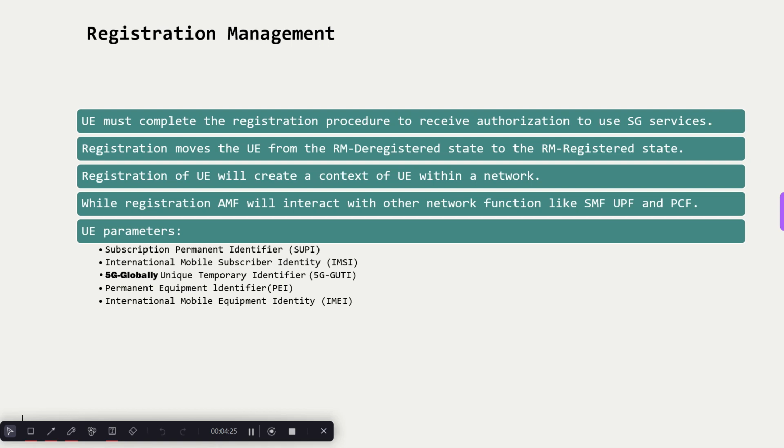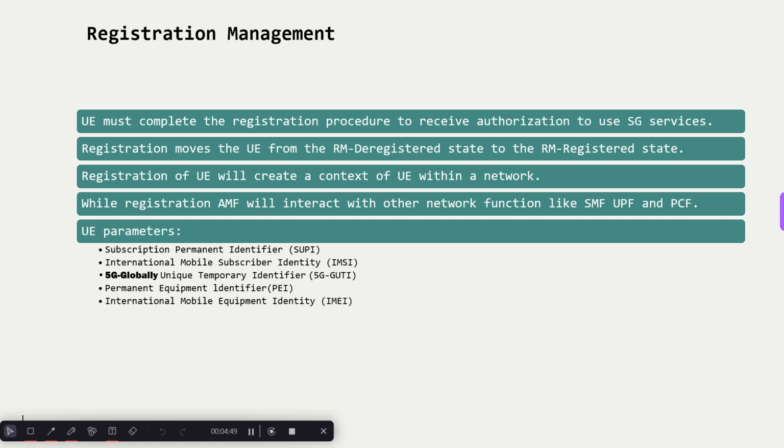Context is nothing but parameters of the UE which help to identify and characterize the UE within the core network. During registration, AMF has to interact with other network functions like SMF, UPF, and PCF. SMF is the session management function, UPF is the user plane function, and PCF is the policy control function.